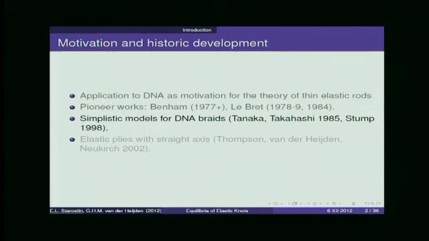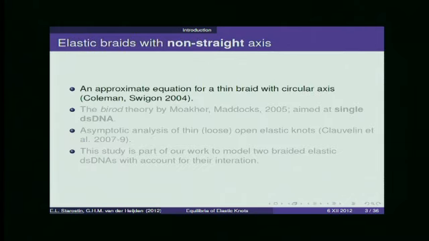Later people added some electrostatic potential for interaction between individual strands, and after that a theory appeared which considered elastic plies made of two elastic strands, but with straight axis. This is important.